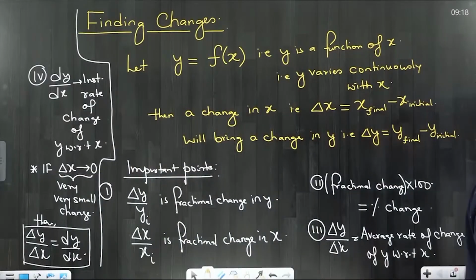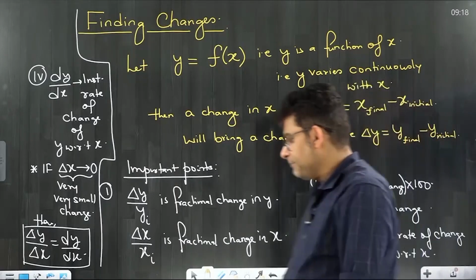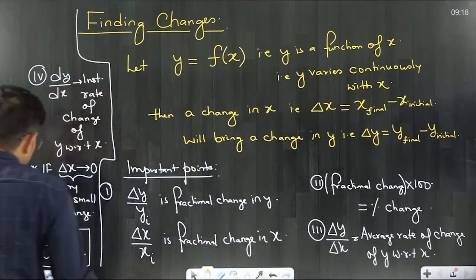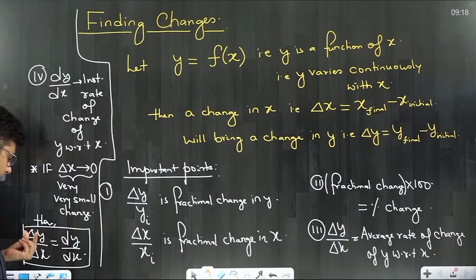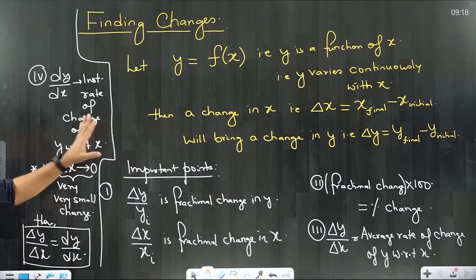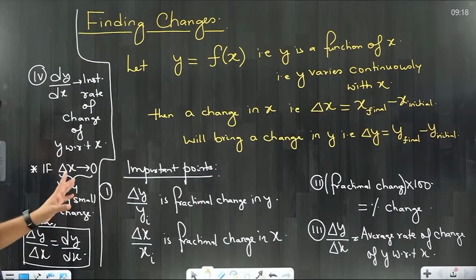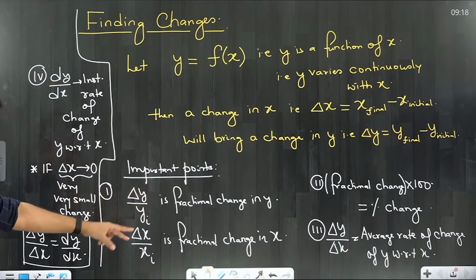So this is going to form the basis of today's problem solving. Kindly remember, whenever we have very small changes, the average rate of change, that is delta y by delta x, can be written as dy by dx. In place of delta y you can write dy, in place of delta x you can write dx. Understood? So all the points, take a screenshot, and we are going to discuss all these things through questions.